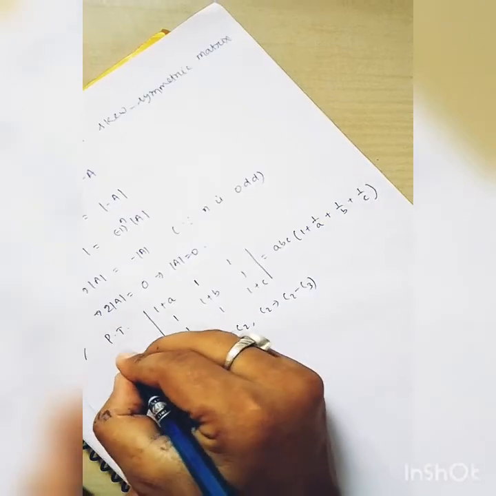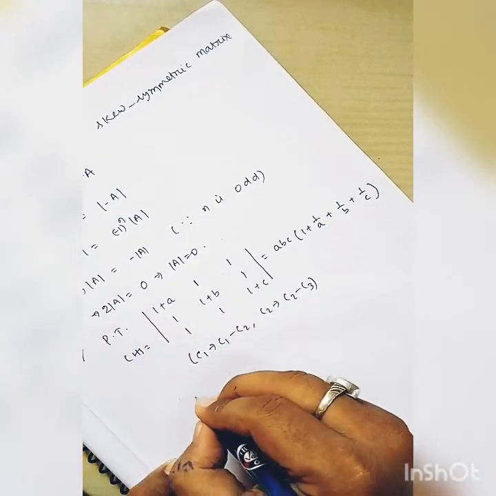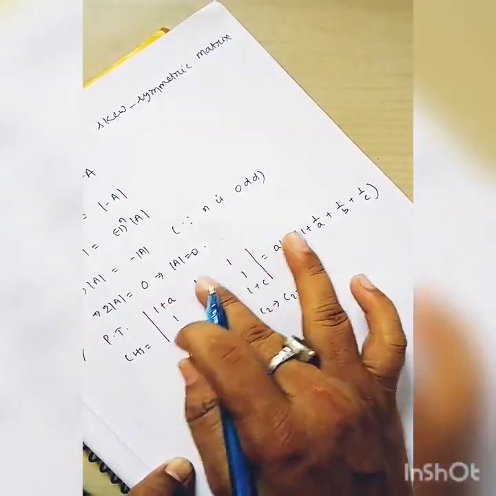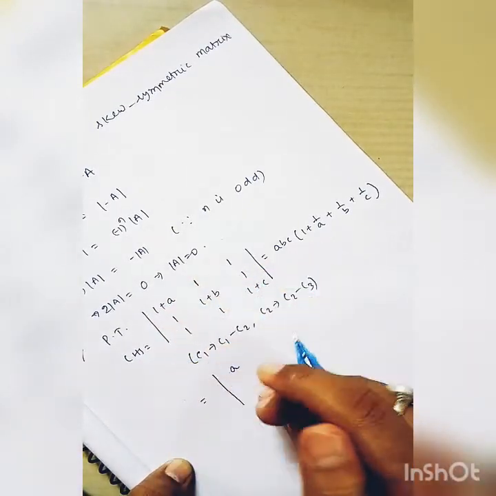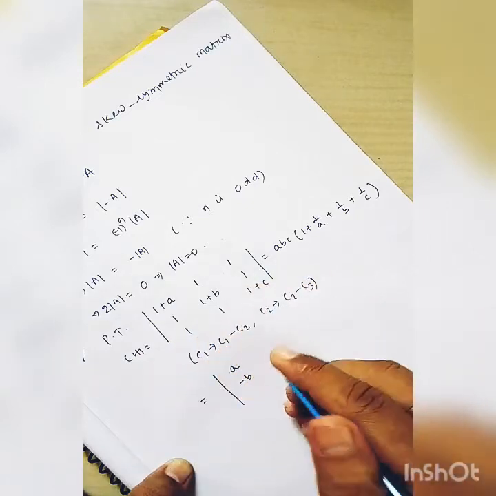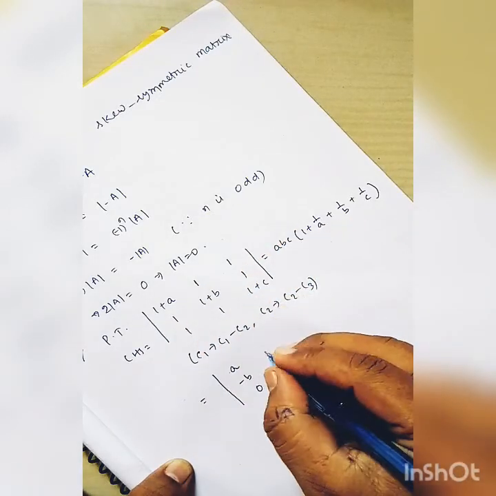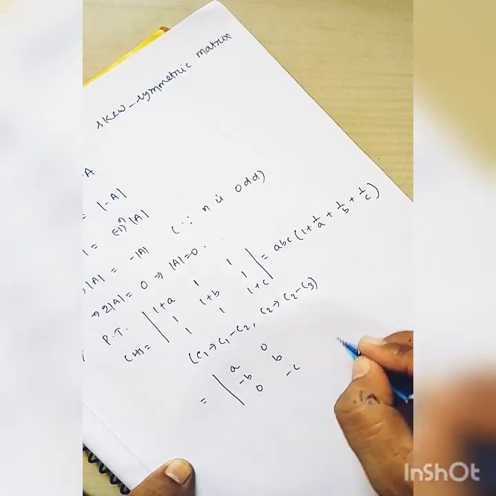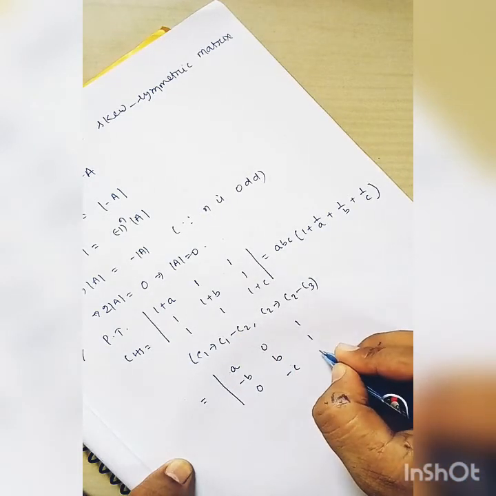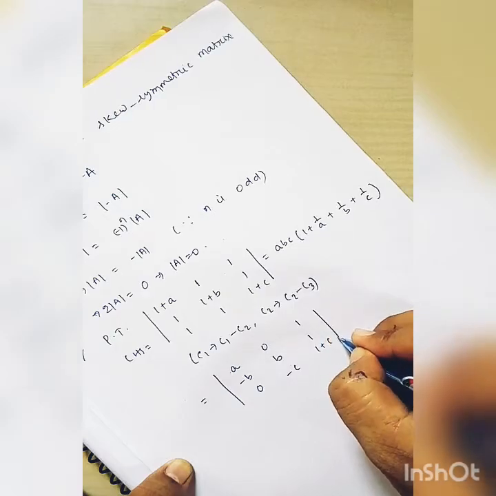So by using this property, suppose you start from LHS, we can write 1 plus A minus 1, that is A, 1 minus 1 plus B, it is minus B, 1 minus 1, 0. Again 1 minus 1, 0, it is B, again it is minus C, it is 1, 1, 1 plus C.